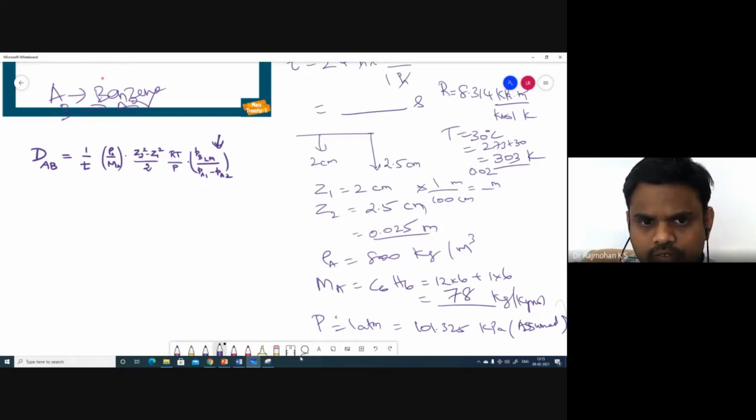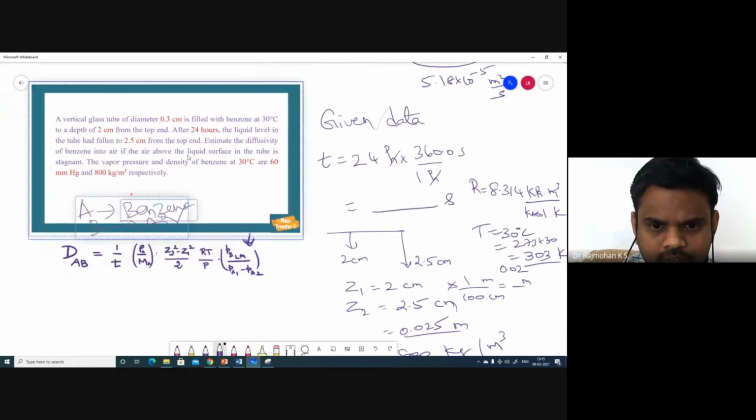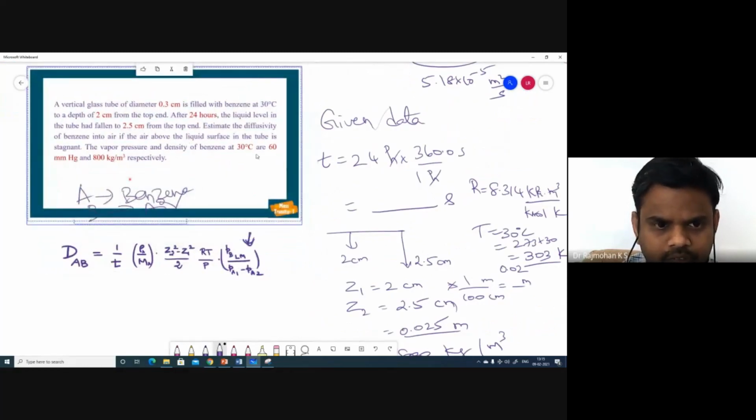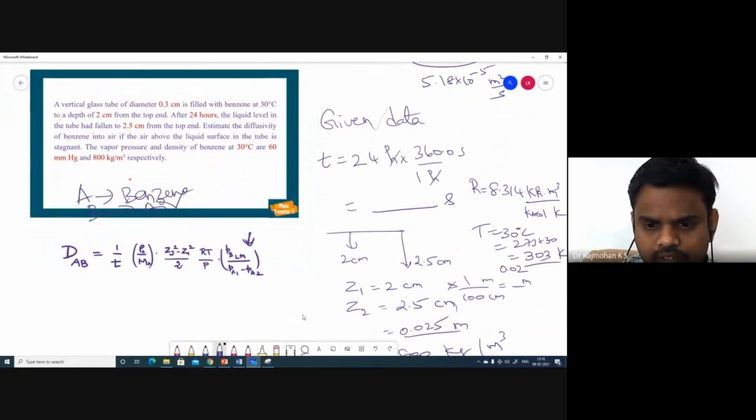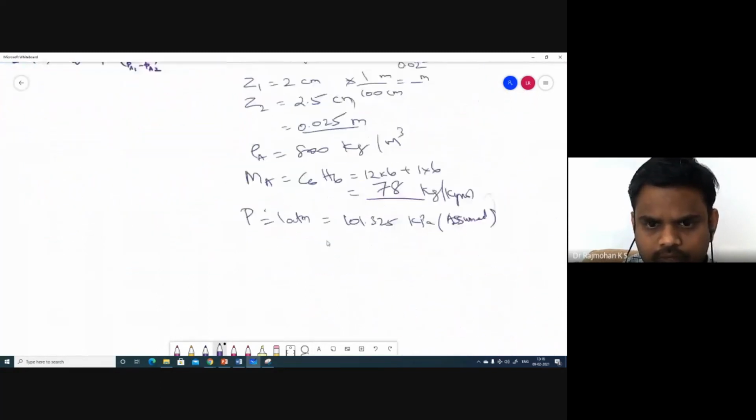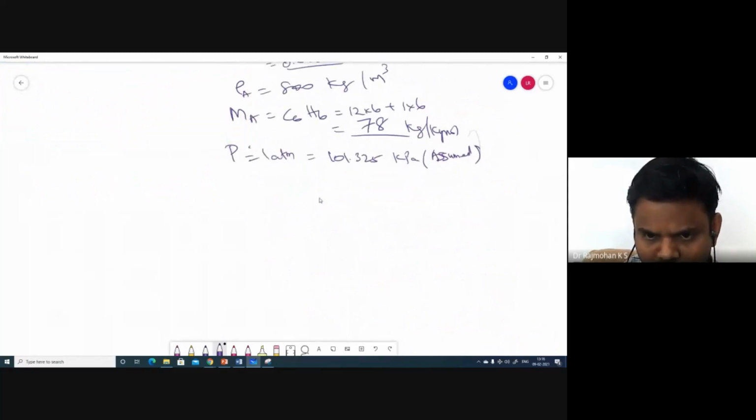Okay, total pressure taken care. Now we have to look into this part, PB logarithmic mean, PA1, PA2, for which I think partial pressure, vapor pressure data is given. Vapor pressure is given as 60 mm mercury, right? So that is sufficient for us to get the terms.